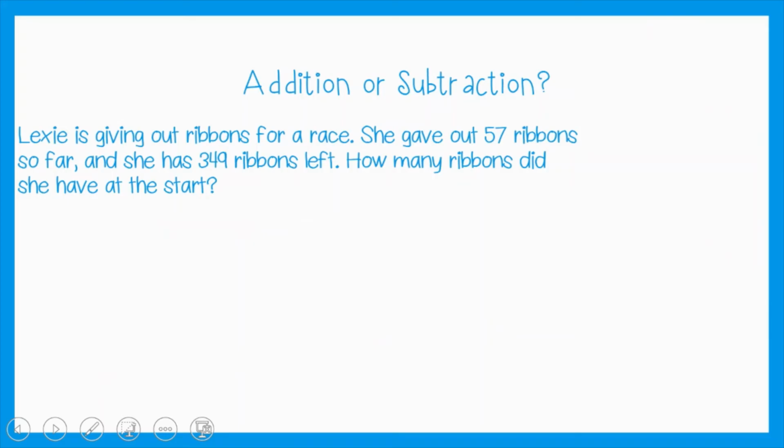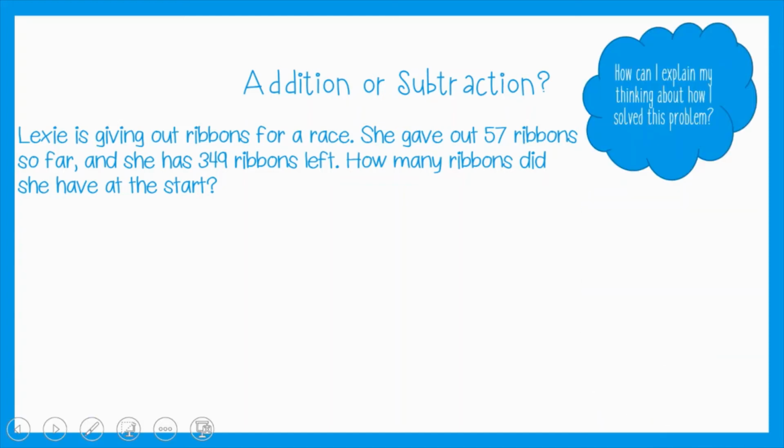Now let's do a problem. We're going to kind of mix things up a little bit. So I need to figure out if it's addition or subtraction. So those last problems, I told you they were subtraction. So if you knew they were subtraction, you could have taken the bigger number and just subtracted the smaller number. But you're not always going to know if you have to do addition or subtraction.